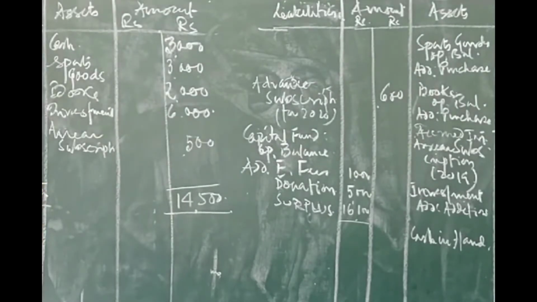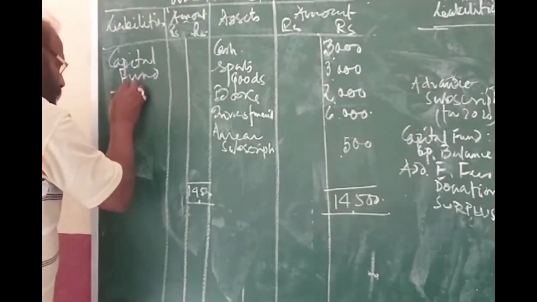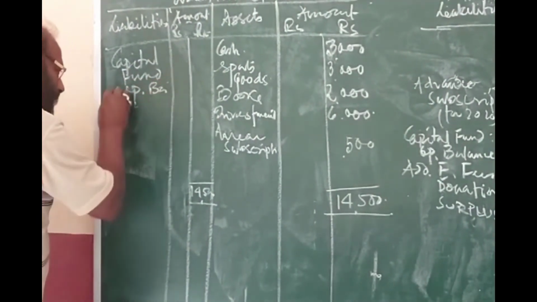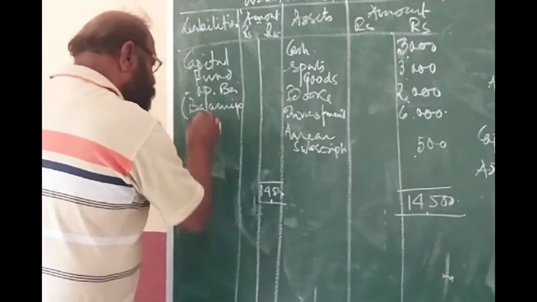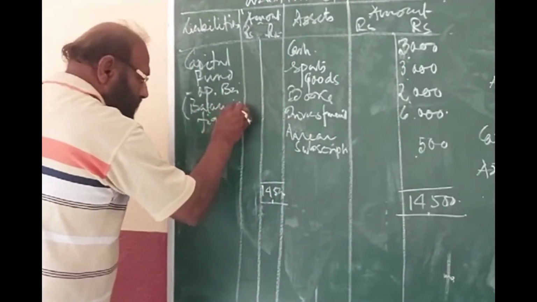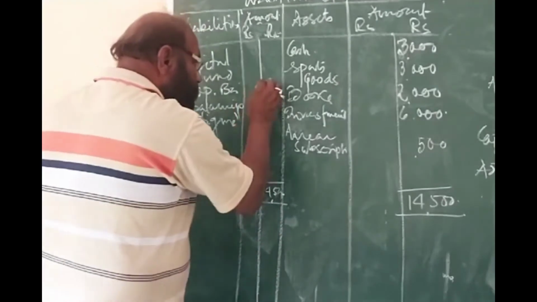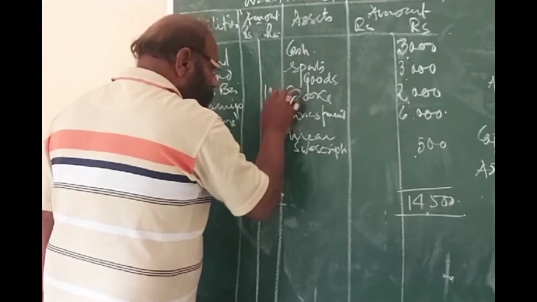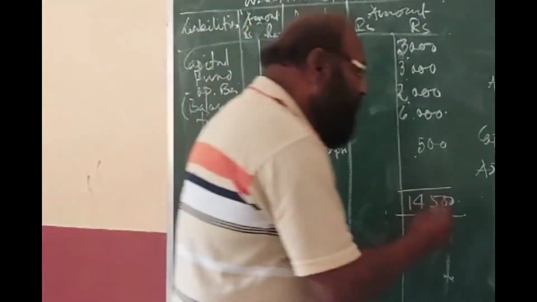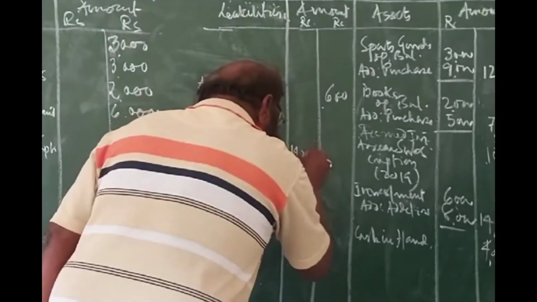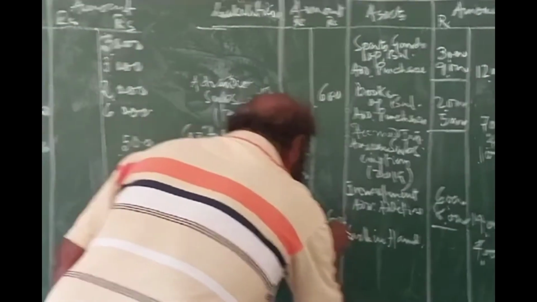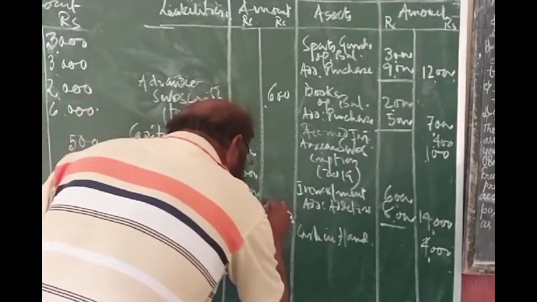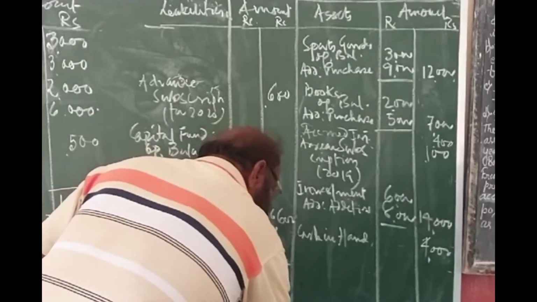So it is the capital fund opening balance. You should write the balancing figure. Balancing figure means you get this figure while balancing these two sides. 14,500. And how much is it? 36,000. So what is the total?